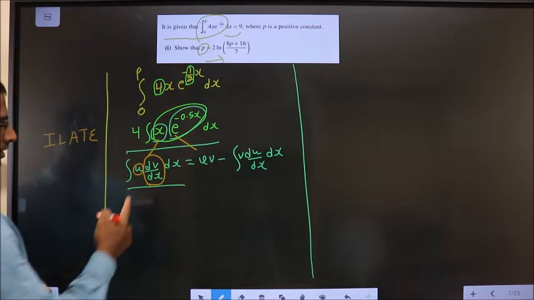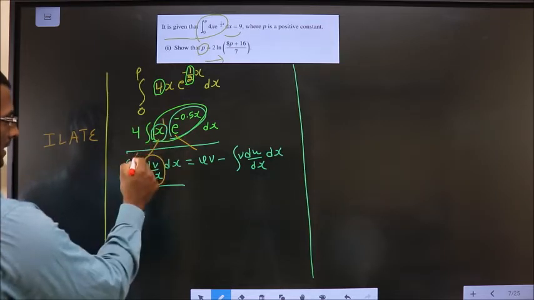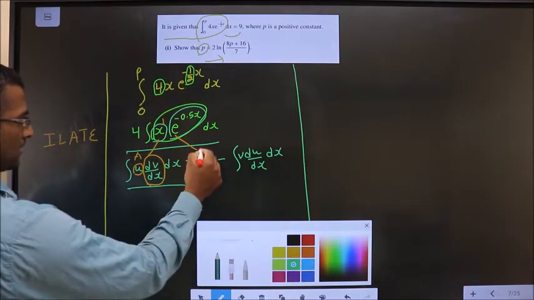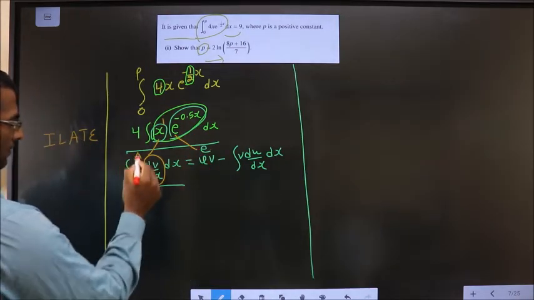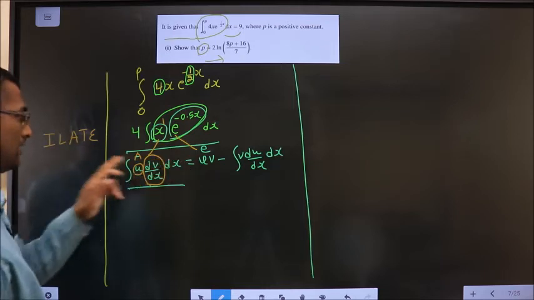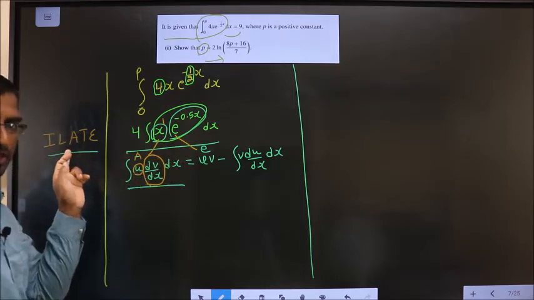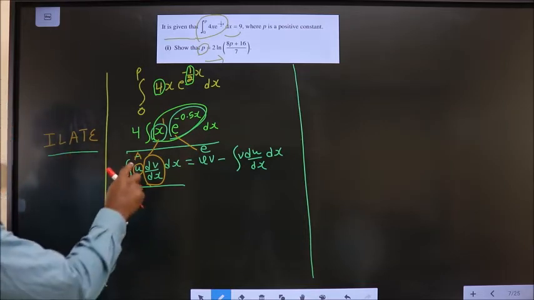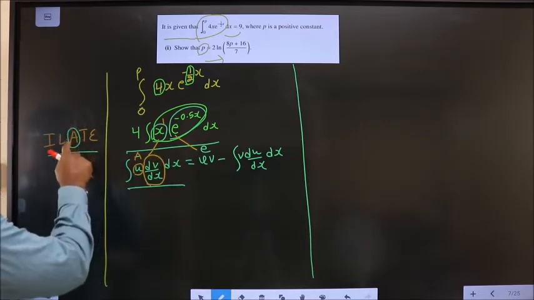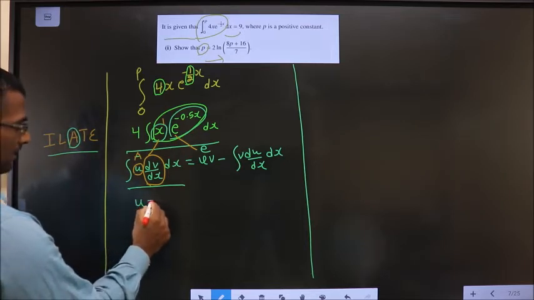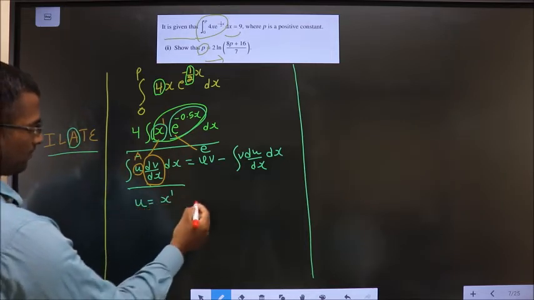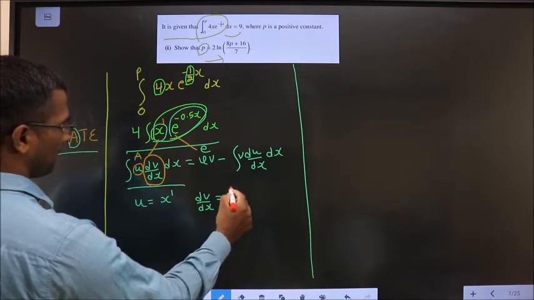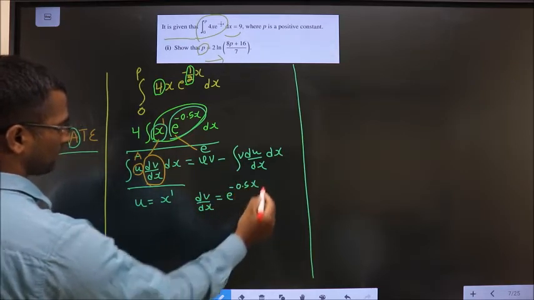See, here x power 1 is algebra, A, and e is exponential, E. So out of A and E, whichever letter comes first in this word should be taken for u. A comes first, so u is x power 1, and dv by dx is equal to e power minus 0.5 x.